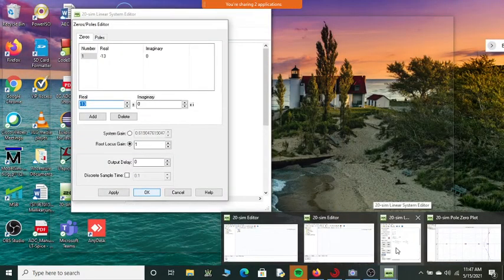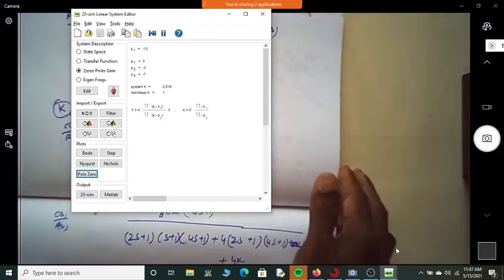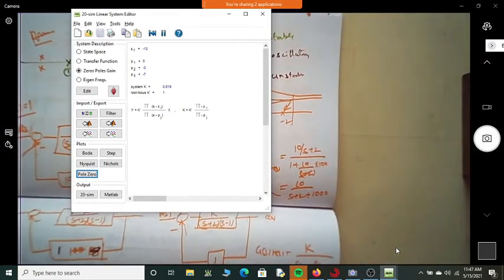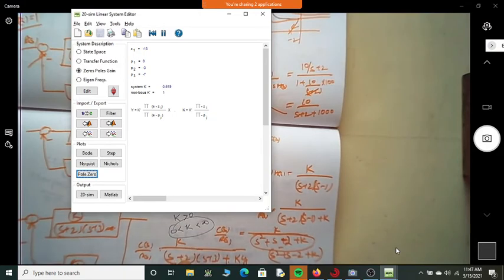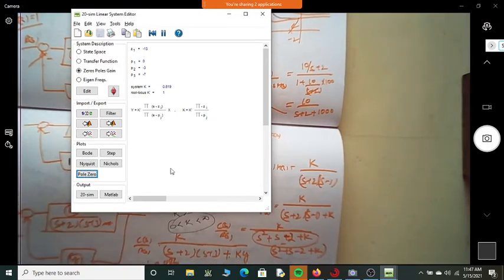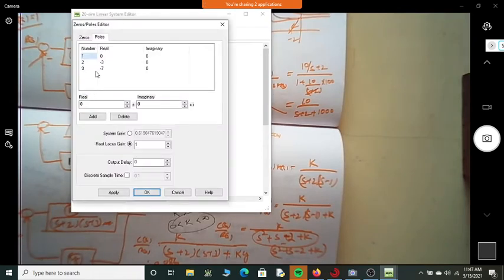Let me also demonstrate this. Now I have a pole at -2 and -3. There are no zeros. Correct? So I'll go back to this; this is at -2, and -3 is already there.